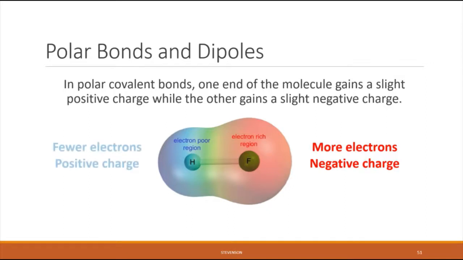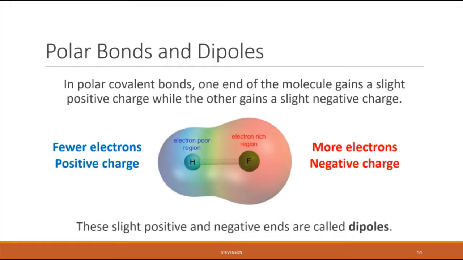On the other hand, as the electrons are drawn away from the other side of the molecule, there are fewer electrons, and the remaining protons give that end of the molecule an overall positive charge. These negative and positive ends within the same molecule are referred to as dipoles, which literally means the two poles.